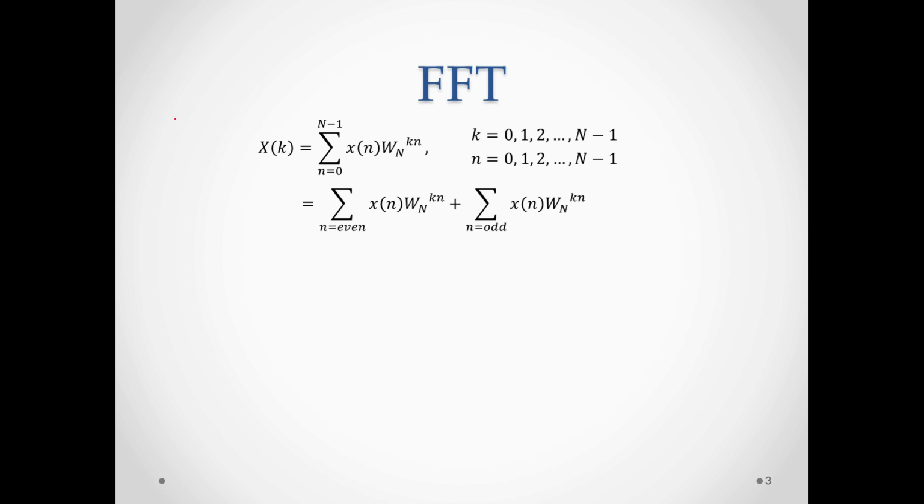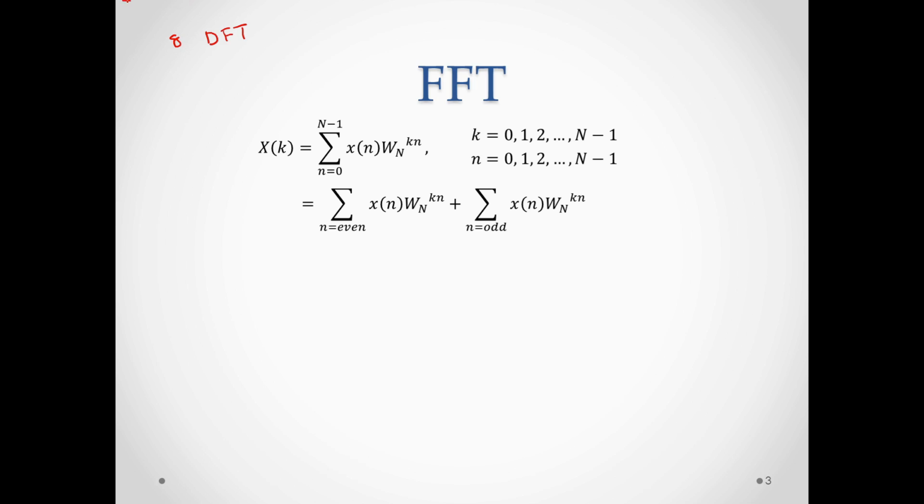As an example, in every example I would be taking an 8-point DFT, for uniqueness and similarity. So for an 8-point DFT, what would that mean? We have to distribute the series into even and odd parts.